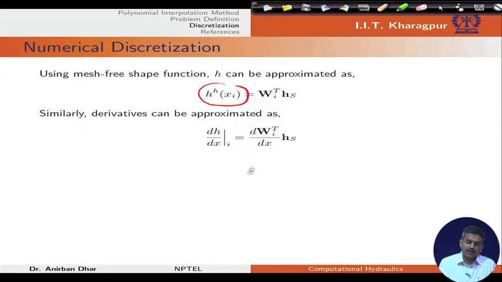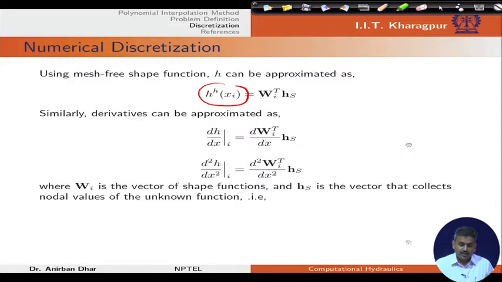In calculation of the derivative we can differentiate the weight function or shape function. Again we can differentiate this W transpose, or the vector of shape function. Hs is the vector that collects the nodal values of the unknown functions.